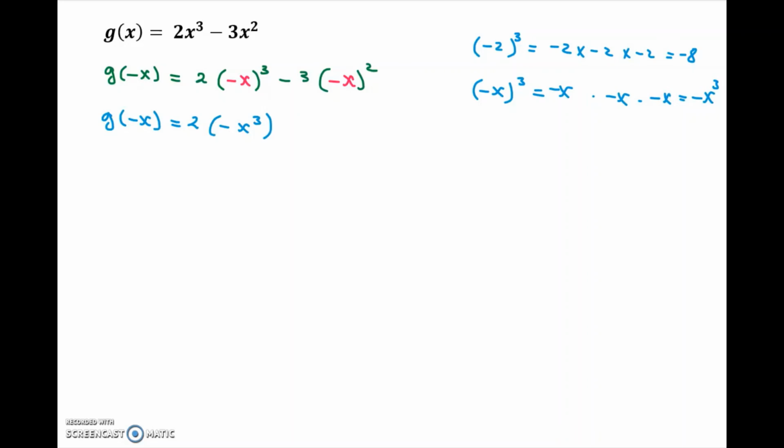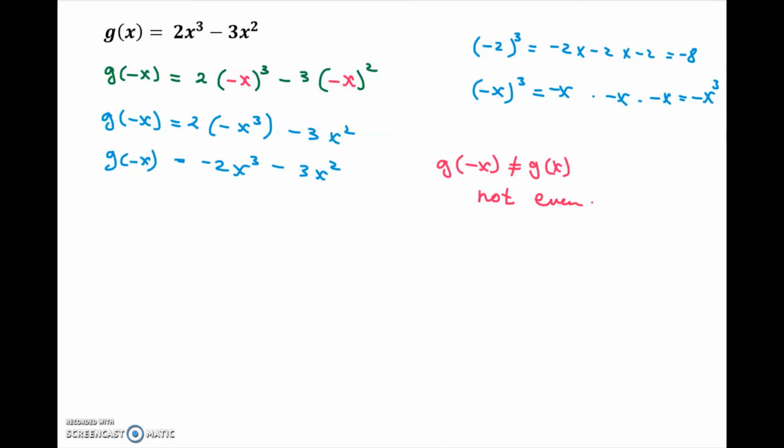And then the negative can go out, which is going to be negative 2x cubed in its simplest form. Okay, and here negative x squared, we said it's going to be x squared. Now, if you compare these two, they are not equal. So we'll say g(negative x) does not equal g(x). So it's not even.